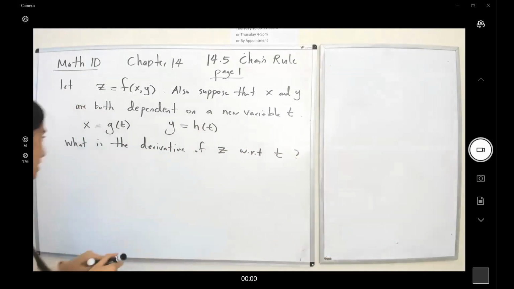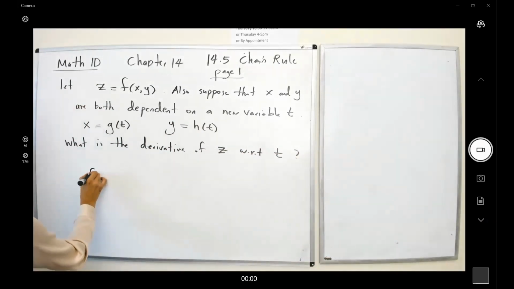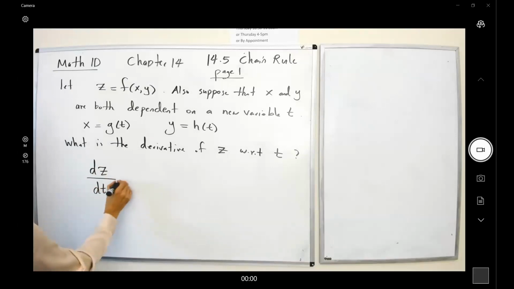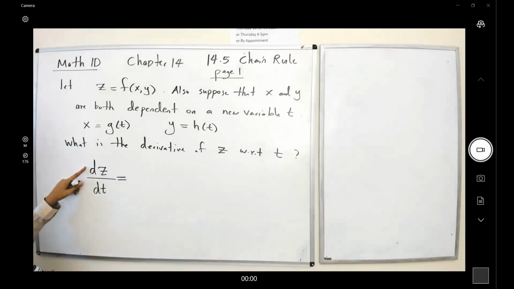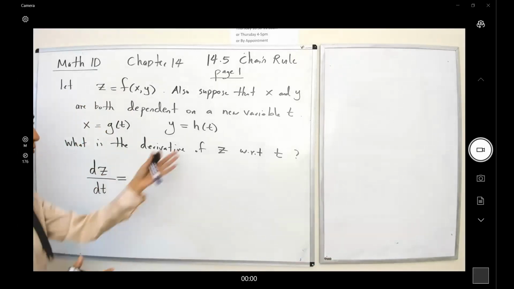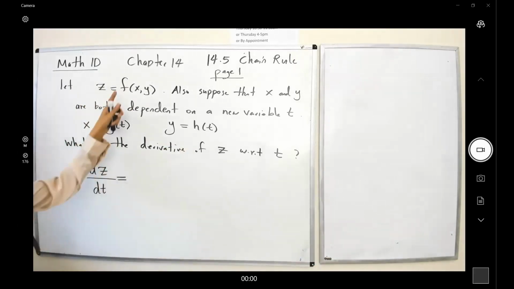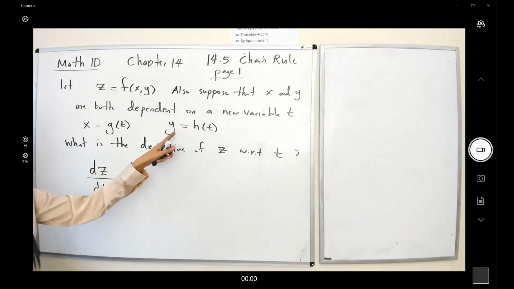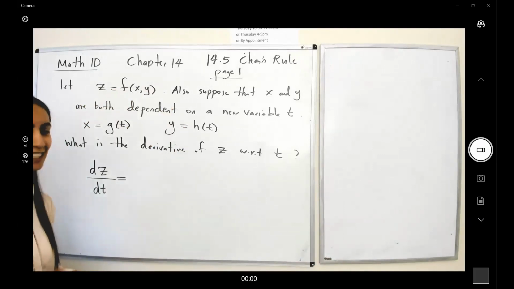That's how they define it. They say that the derivative of z with respect to t is equal to: here you are taking the partial derivative of z with respect to x, then the derivative of x with respect to t, plus, and we have to add the second one as well, the derivative of z with respect to y, times the derivative of y with respect to t.